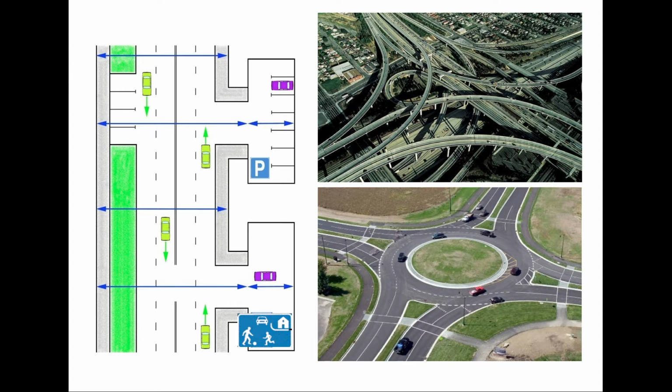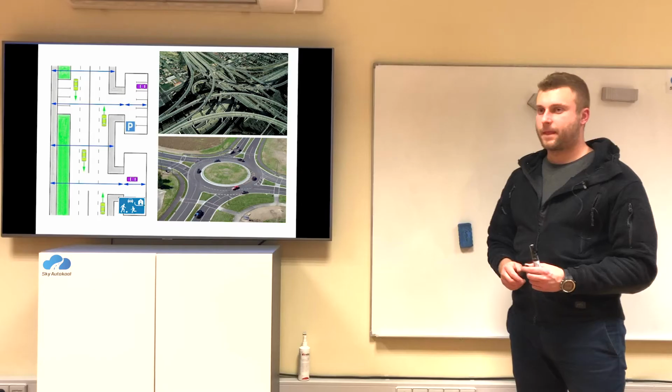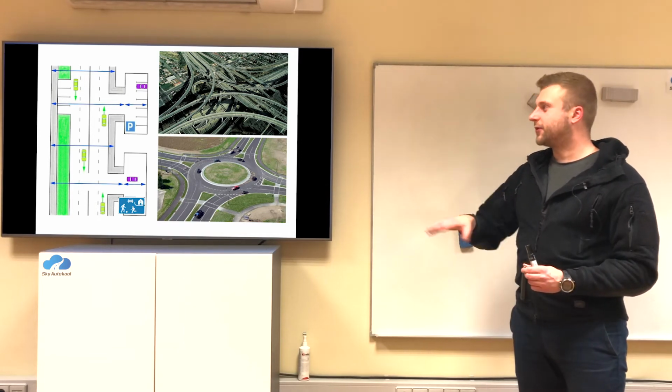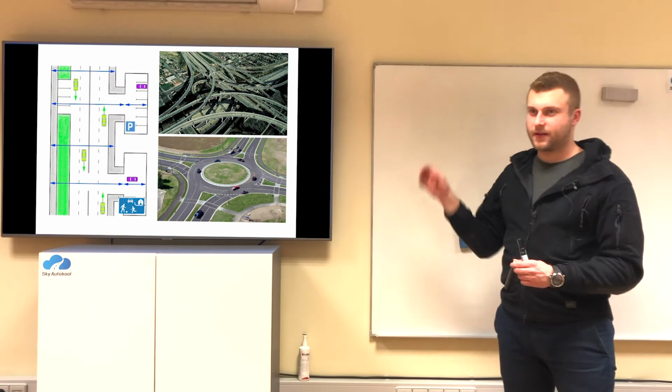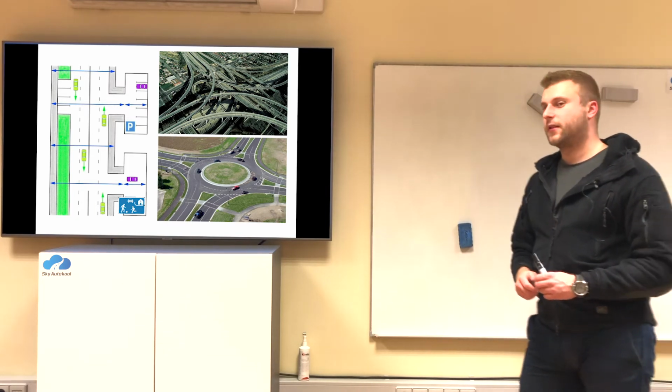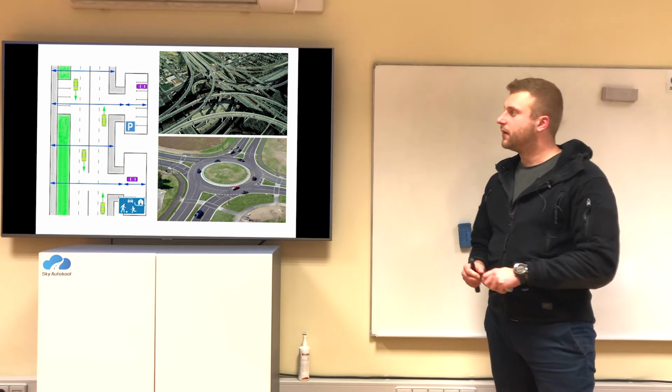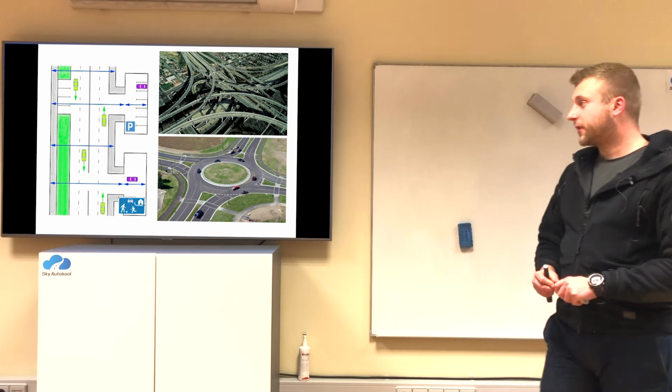Is it an intersection, a crossroad, or something else? None of them intersects with the other one. Most of them are straight.